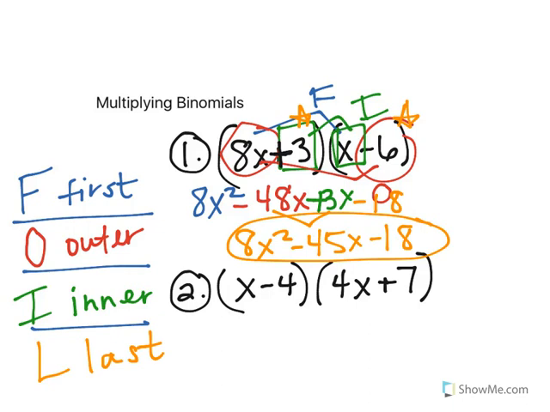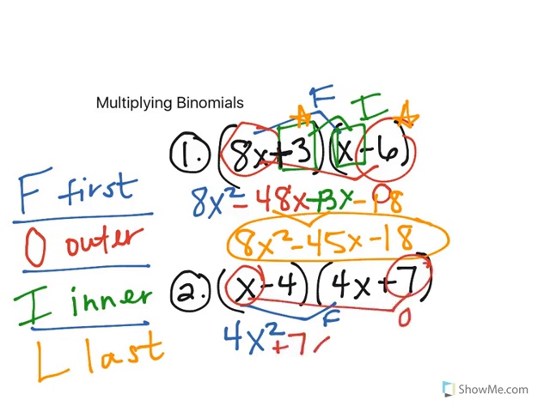Okay, for my next problem, I have the first, which is x times 4x. So it's going to give me 4x squared. That's my first term. And then my outer, x times 7, and that's going to give me plus 7x. My inner, I have negative 4 times 4x, and it's going to give me negative 16x.